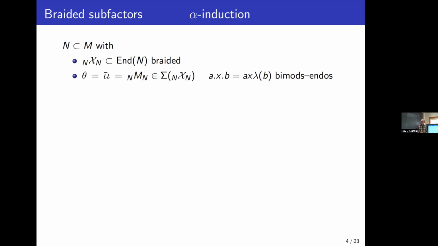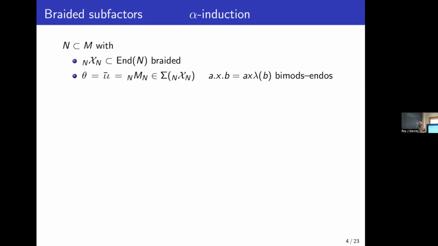Okay, so the inclusion has to be related to the original algebra in this sense here. I can either think of it by taking M as an NN bimodule. It's better to point to that screen. Okay. Yeah, that's true.